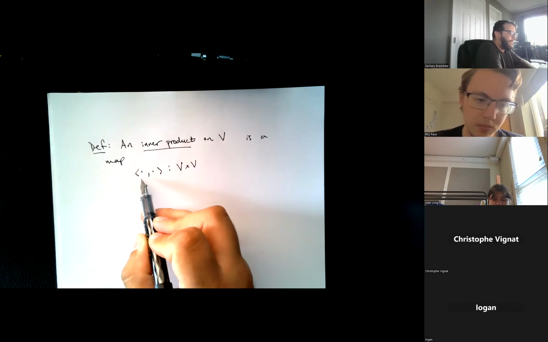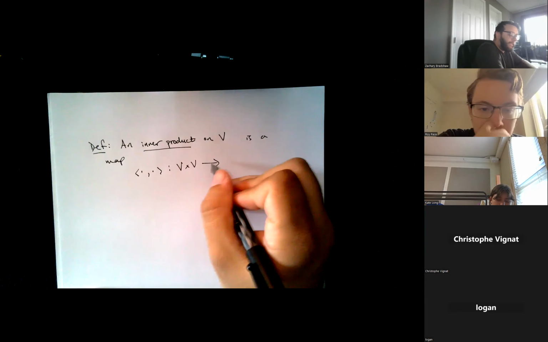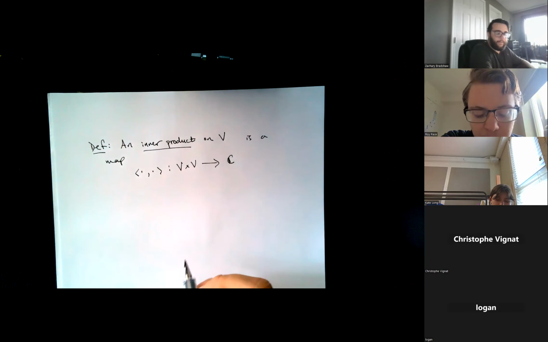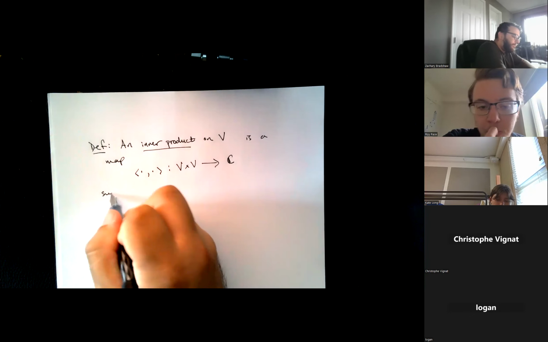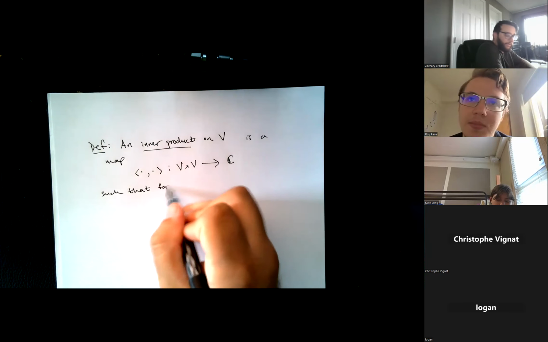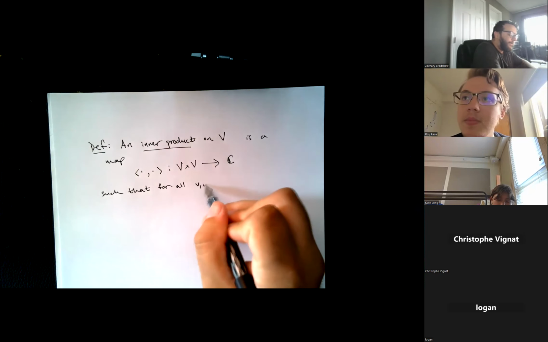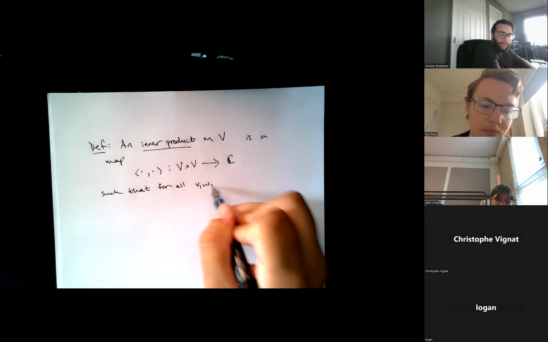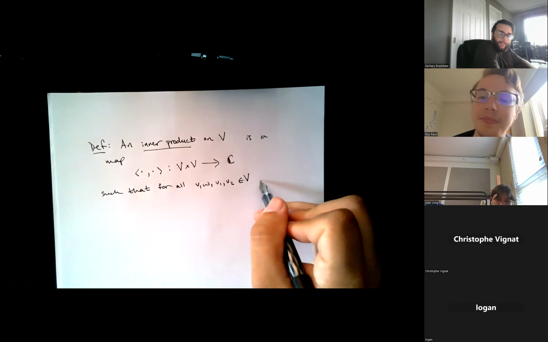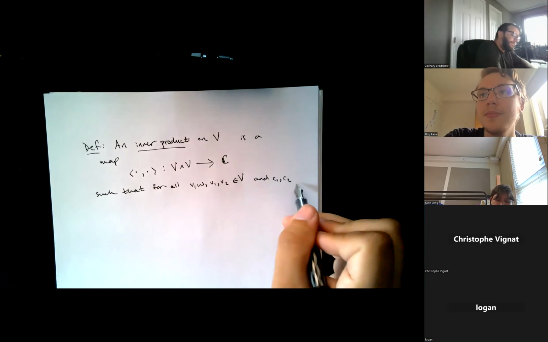We put the vectors here and here, where these two dots are, and gives us a complex number. And it has to satisfy, or I'm just going to write all the for alls right from the start. For all v, w, I'm going to need a v1, a v2, v, and c1, c2, and c.